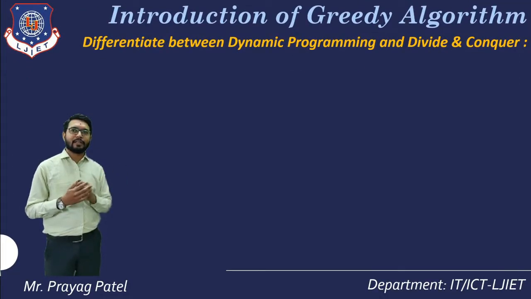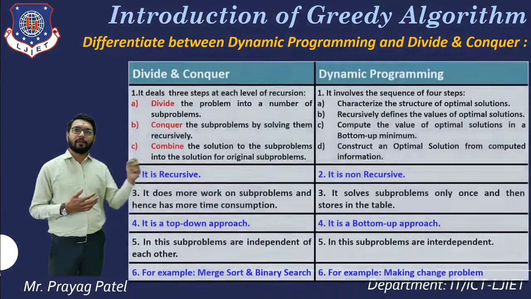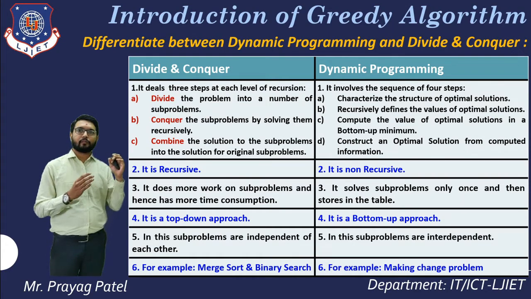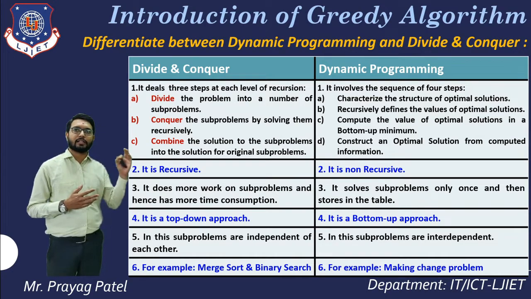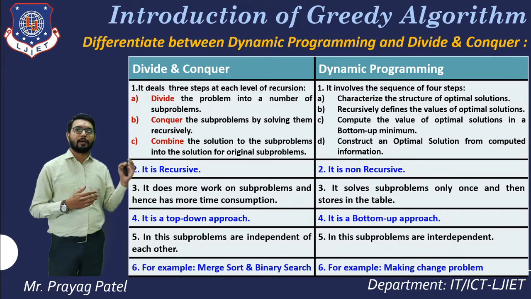Now another difference is between dynamic programming and the divide and conquer technique. We already studied the divide and conquer technique in unit number 3, and in the previous chapter we considered dynamic programming. The first point: divide and conquer deals with 3 steps at each level. The first step is divide, the second step is conquer, and the third step is combine.